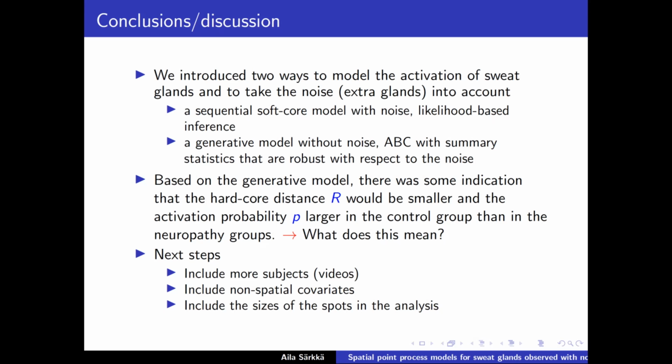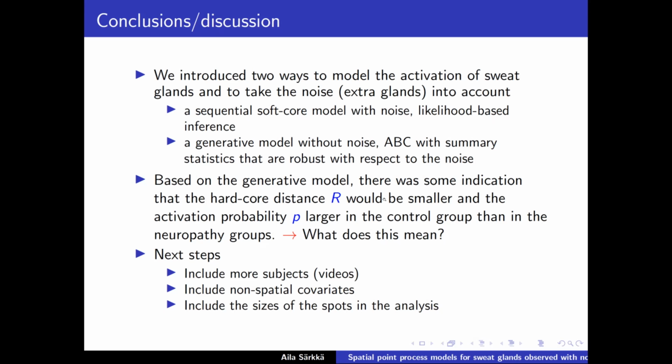For example, if you look at the underlying skin and the gland structure, shouldn't that be the same for everybody? And if you get differences there between the groups, why do you get that? Maybe the explanation is that in fact the thinning is not independent, if we had a different kind of thinning and started with the same pattern. So I think there are a lot of things that we have to think of.